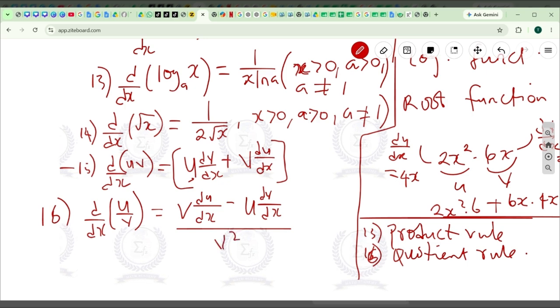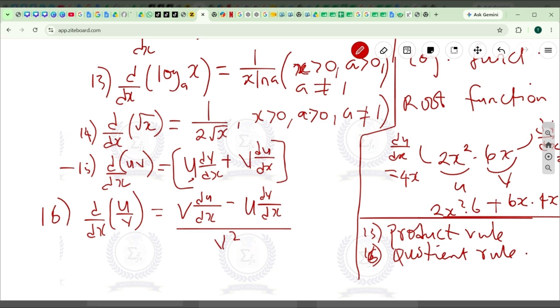So whenever two functions are dividing each other, this is the formula you're going to use: v du over dx minus u dv over dx all over v squared.